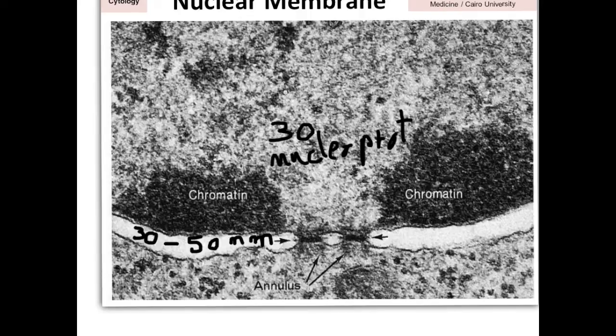The actin is from 5 to 7, the intermediate from 8 to 10, the microtubules 12 multiplied by 2, so the microtubules will be 24 nanometer. Here we also have the ribosomes. The size of the ribosomes is from 20 to 30. Here the perinuclear space is from 30 to 50.